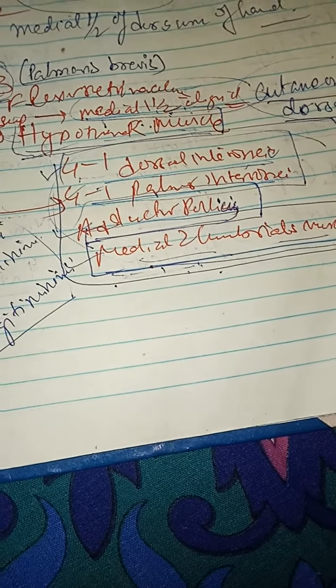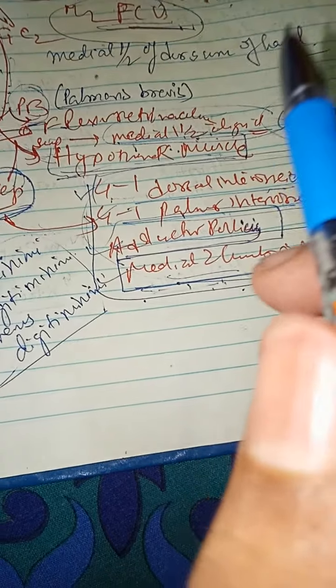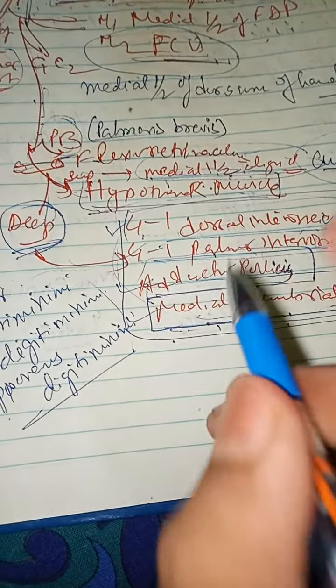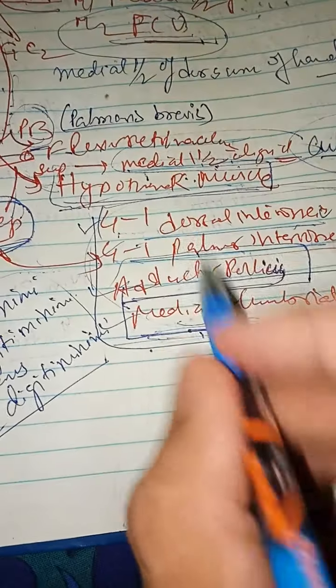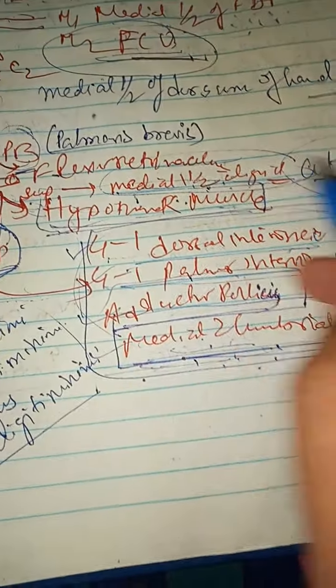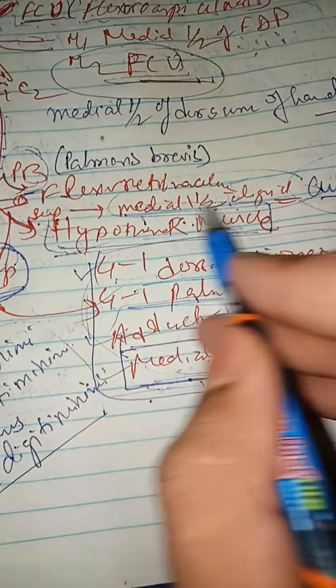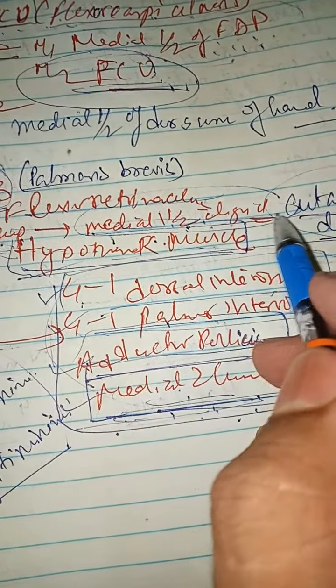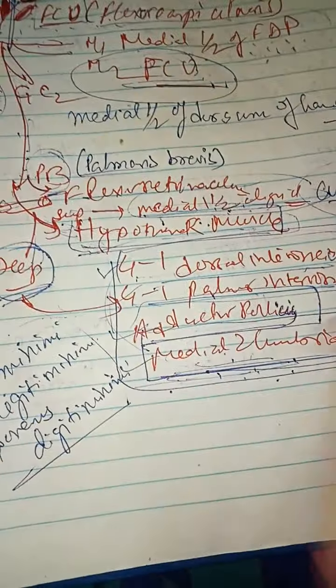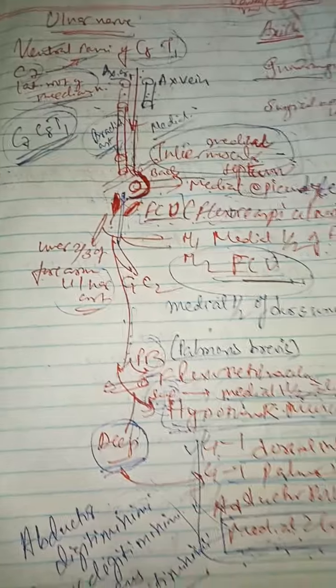The lateral two lumbricals, the first and second, are supplied by the median nerve, but the next two are supplied by the ulnar nerve. The cutaneous supply to the medial one and a half digits is by the superficial part of the ulnar nerve, and all the hypothenar muscles by the superficial ulnar nerve. So this is all about the ulnar nerve.